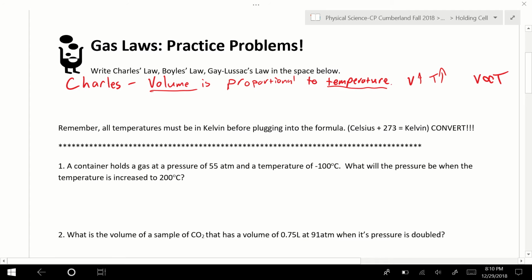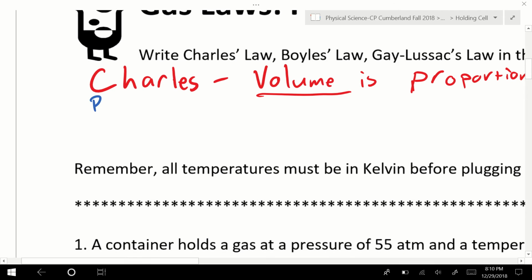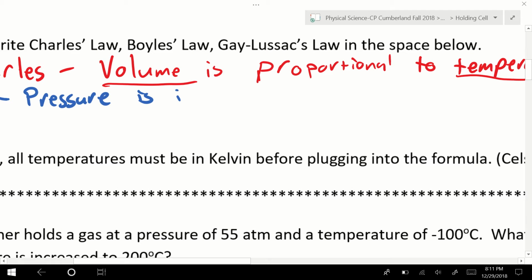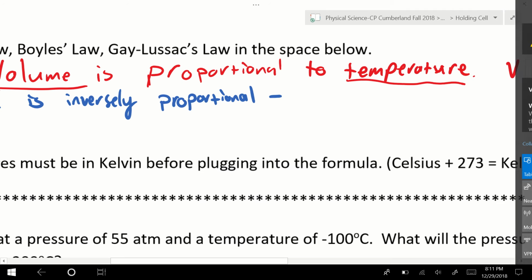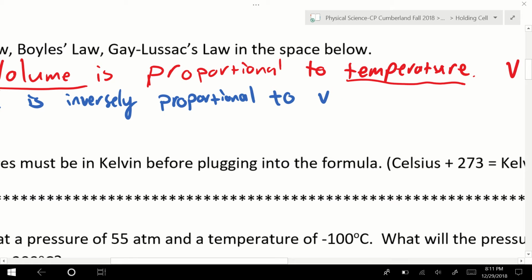Boyle said that, let me zoom in, there we go, pressure is inversely proportional to volume.